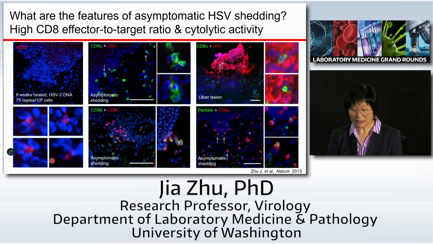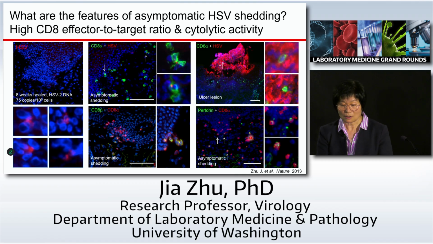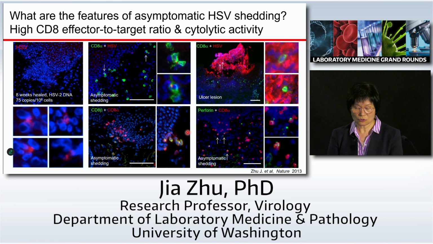And we see that CD8 T cells and HSV infected cells form clusters. And high CD8 effector to target ratios and elevated cytolytic granule expression were observed. And we also show that CD8 alpha alpha T cells can accumulate in this space, and the CD8 alpha beta T cells are getting recruited to the dermal-epidermal junction.